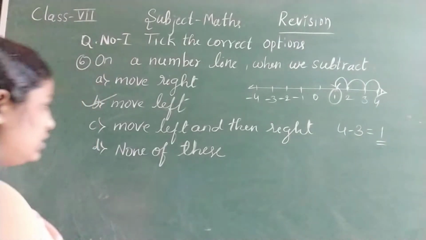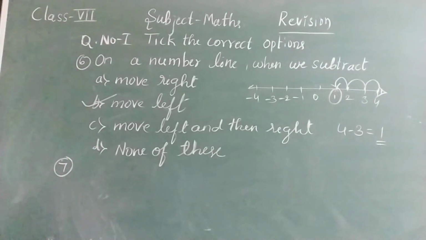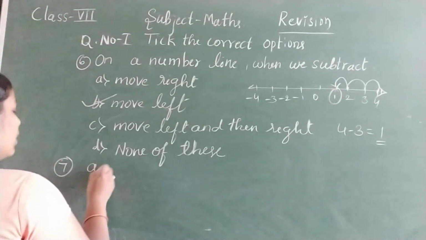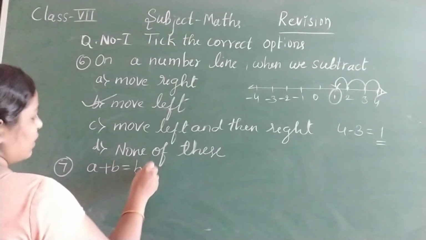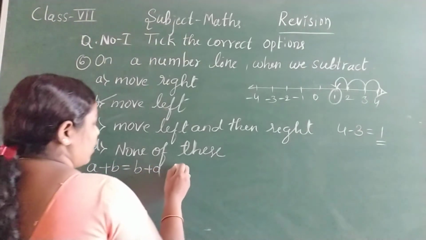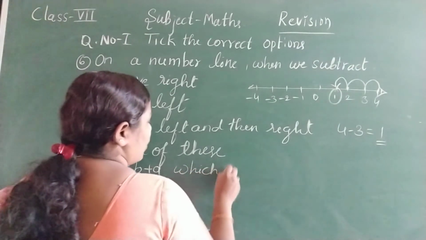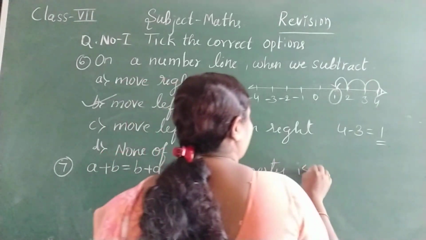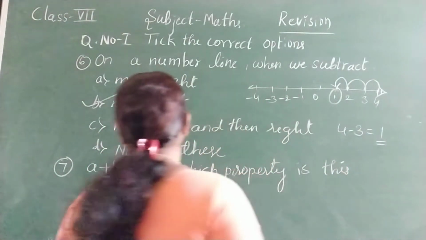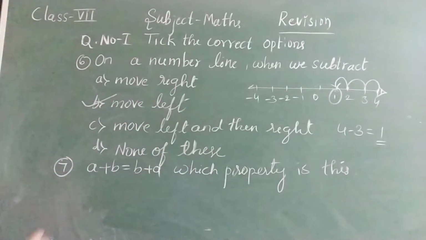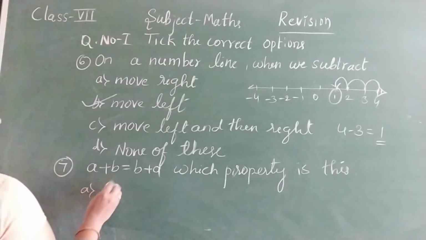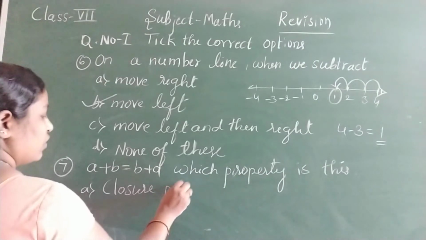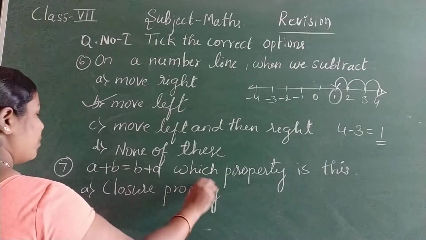Next question, 7th. Similar questions you will get in the examination. A plus B is equal to B plus A. Which property is this? Option A, closure property.